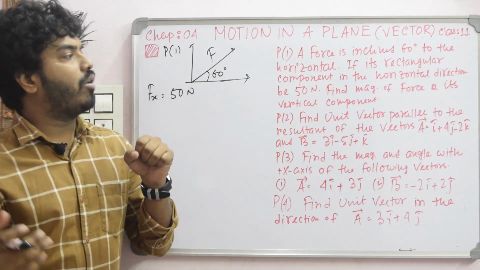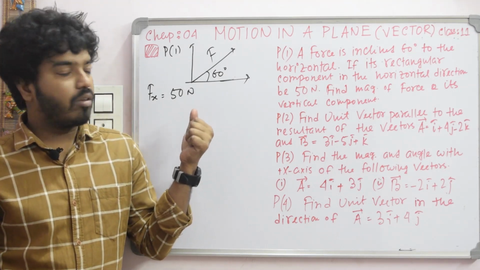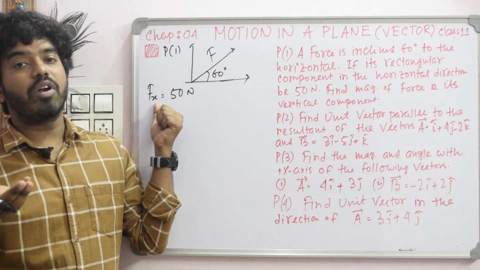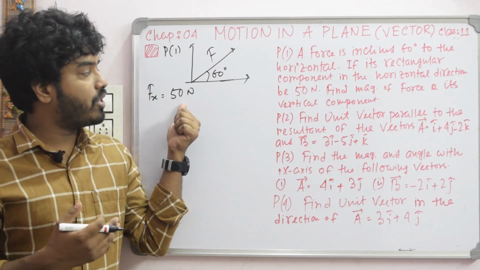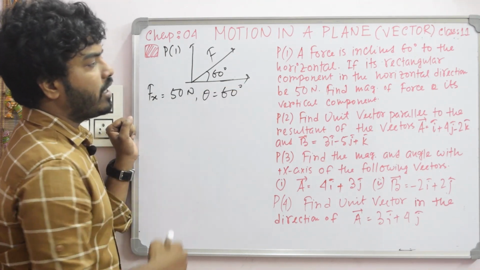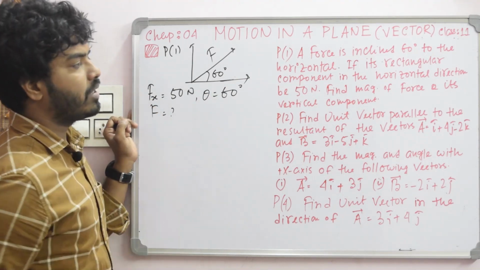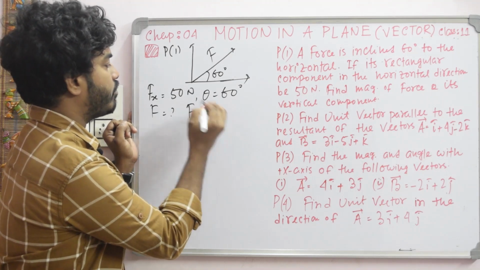The horizontal rectangular component is named Fx, and the vertical component is named Fy. Here Fx is 50 Newton and theta is 60 degree. You have to find the magnitude of force F, and then its vertical component Fy.